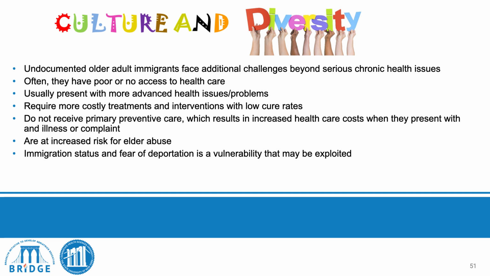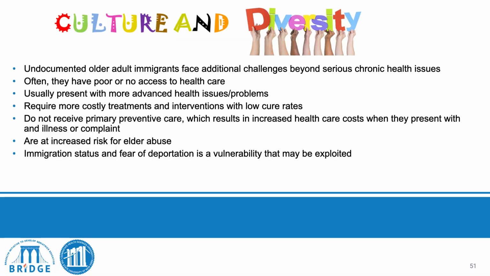They usually present with more advanced health problems because they don't have access to health care, and sometimes they do not have the finances to pay for regular preventive visits. They require more costly treatments because it's more advanced when it is identified, and interventions have lower cure rates. So as the disease is more advanced when identified, the cure rates are lower because it may be beyond really treating it and eradicating it. It may not be able to be treated at all.